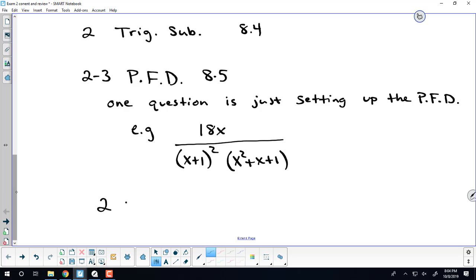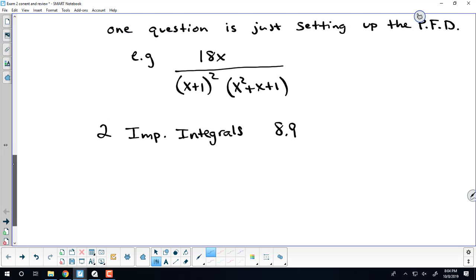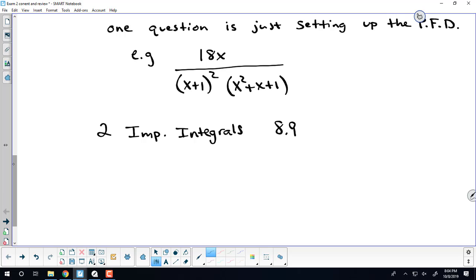There's 2 improper integrals from 8.9. And those were the ones that we had to use the limits for particular bounds.